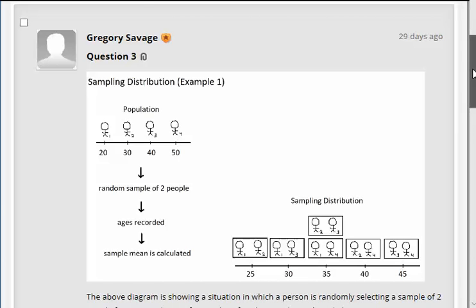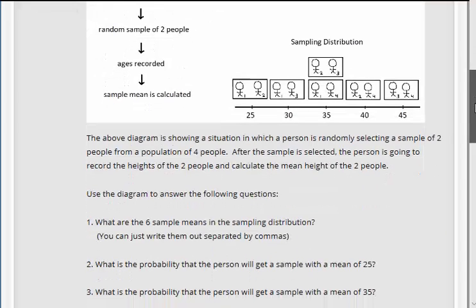So let's look at the questions that are asking about this diagram. The first question says, what are the 6 sample means in the sampling distribution? This sampling distribution that shows the possible outcomes is really just showing 6 numbers. It's showing the mean of each box.